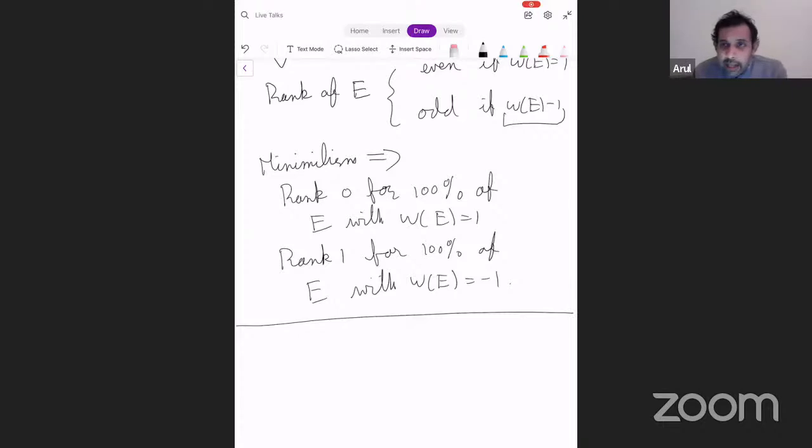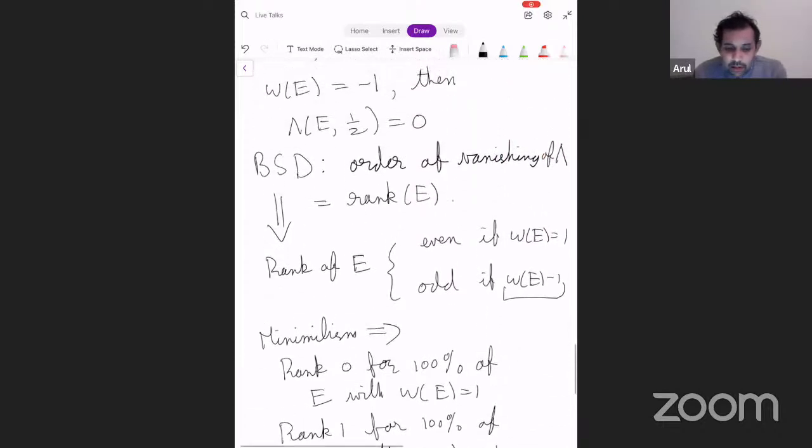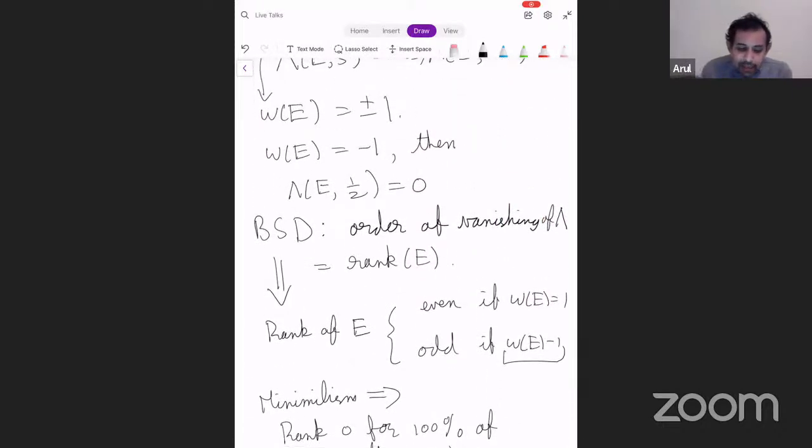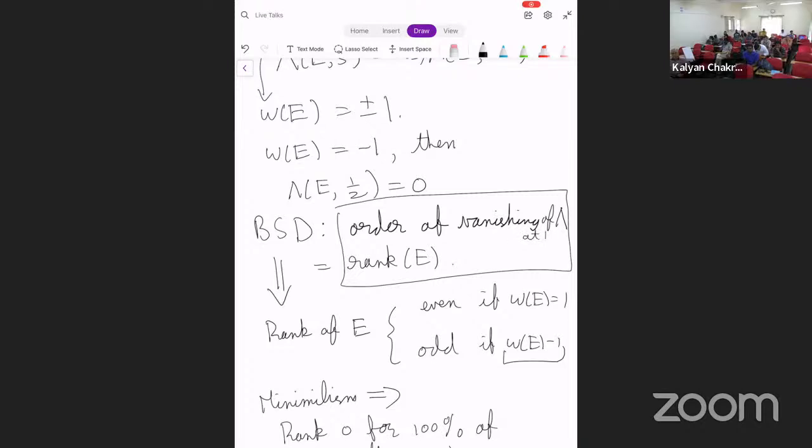So one way of studying ranks, and I just want to mention this, is by using BSD. The rank of E, if you assume BSD, is equal to the order of vanishing of lambda at this critical point.